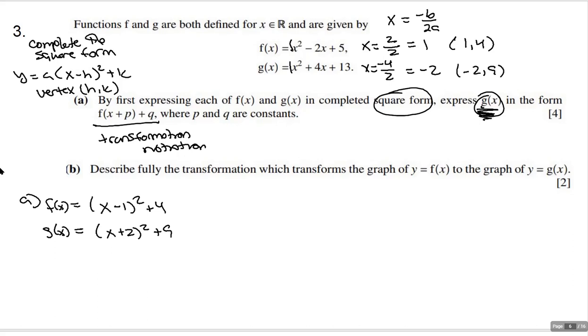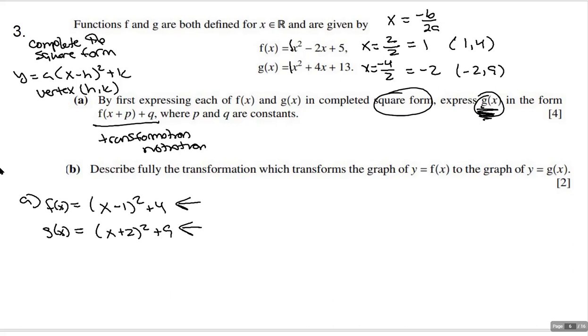And then we've added a number at the end, that's going to make it go up. What they want us to do is tell them what happened to this graph to make it this graph.